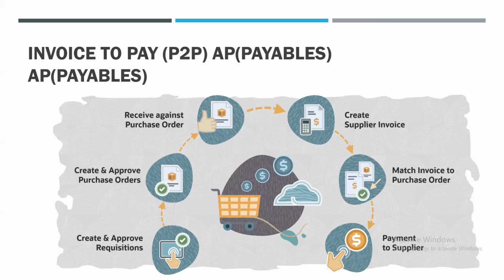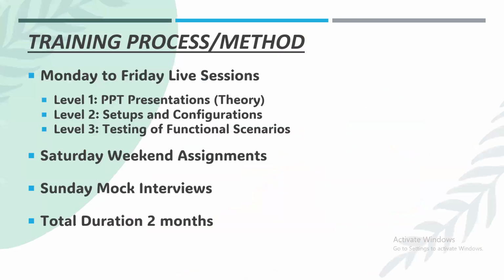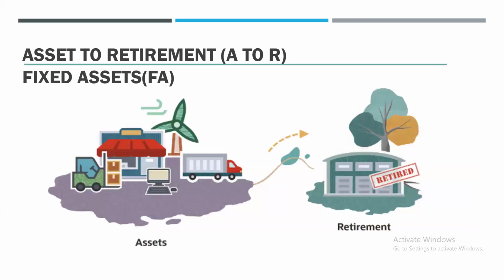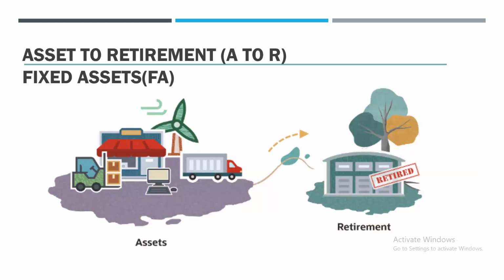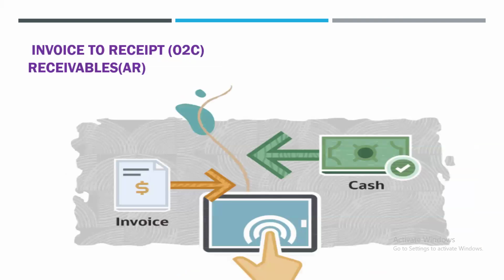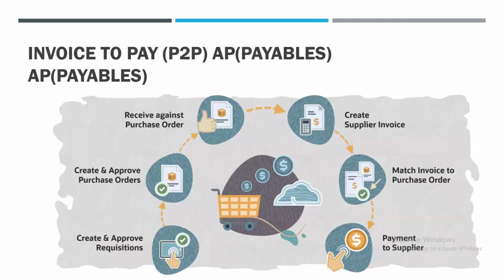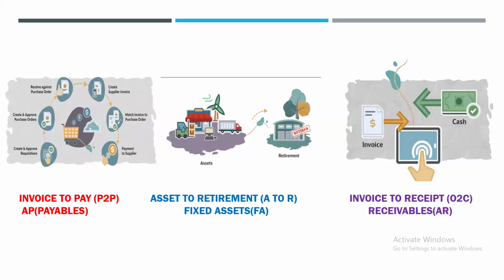These three business processes are interconnected. Let's see how asset acquisition to retirement, invoice to receipt, that is O2C, and P2P connect with each other. Let's take the example of Tata Motors.